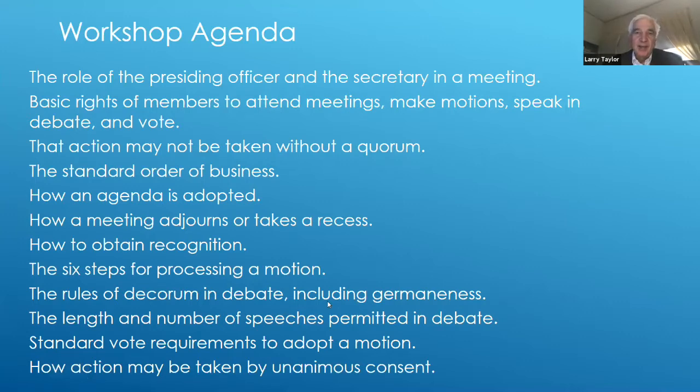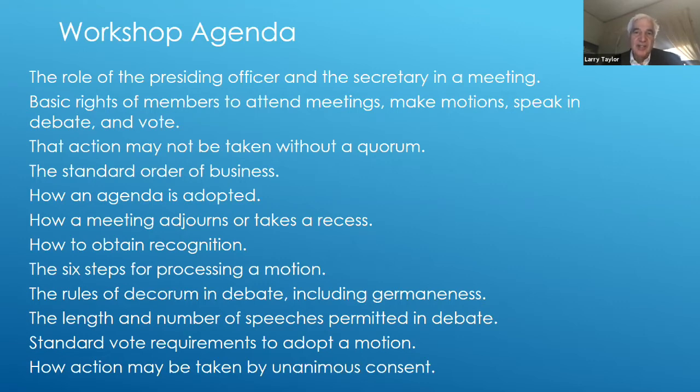So what we will be going through today is the role of the presiding officer and the secretary in a meeting, the basic rights of members to attend meetings, to make motions and speak and debate and to vote, actions that may not be taken without a quorum, the standard order of business in meetings, how agendas are adopted, how a meeting adjourns or takes a recess, how to obtain recognition in a meeting.